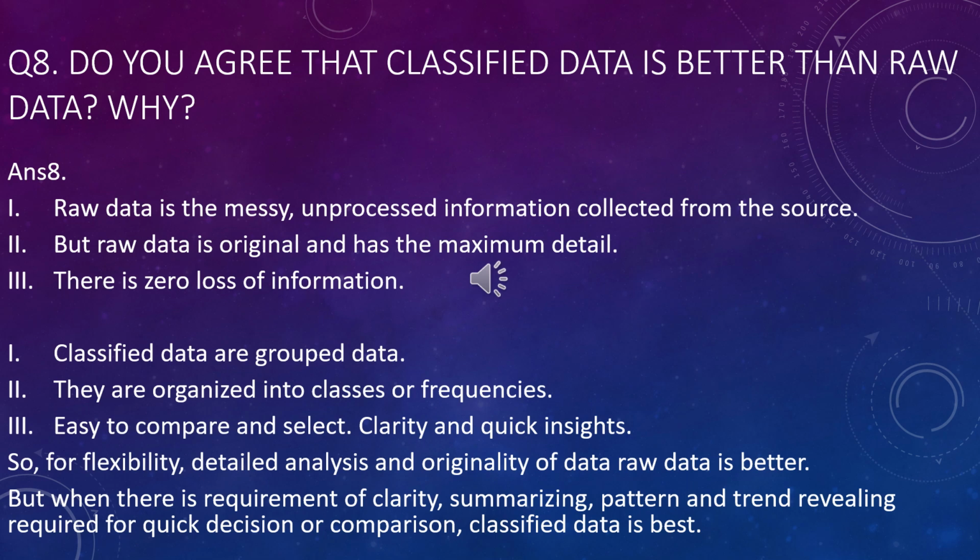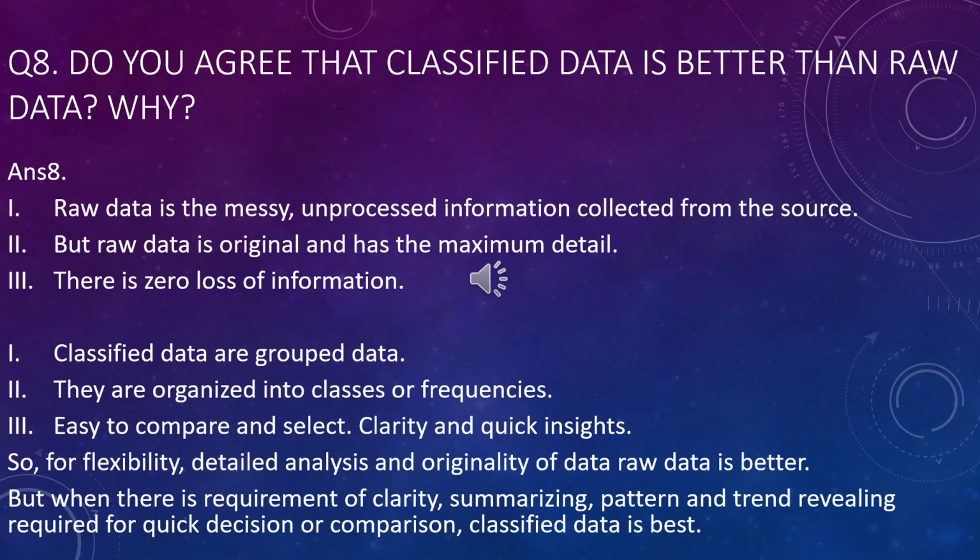Now when we come to classified data, they are grouped data. They are organized and easily manageable, and they can be grouped into classes or frequencies. They can easily be compared and selected. Clarity and quick insights for decision-making processes are very much possible from classified data rather than raw data.